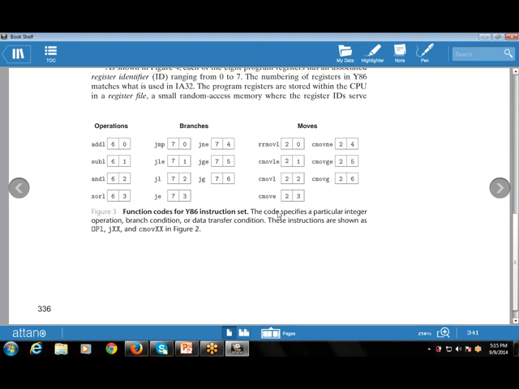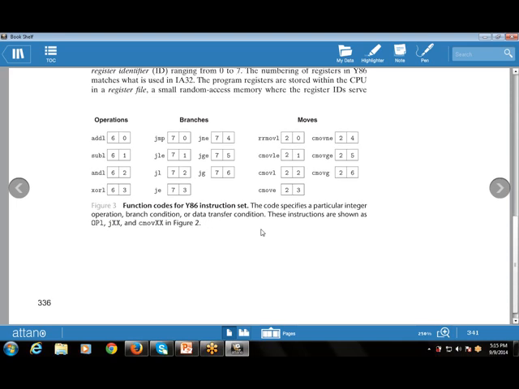So this says the code specifies a particular integer operation, branch condition or data transfer condition. These are shown as OPL, JXX and CMOVXX. Operation is used as OPL, branching is used as JXX, move is used as CMOVXX.